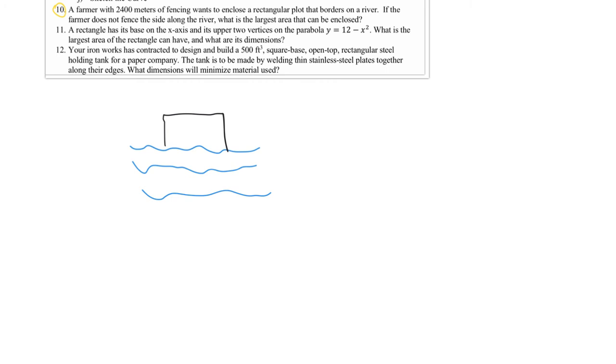Well, we could call this the width, we could call that the length, we could call that the width. And we know that without question, since the farmer has 2,400 meters of fencing, 2 times the width plus the length equals 2,400.